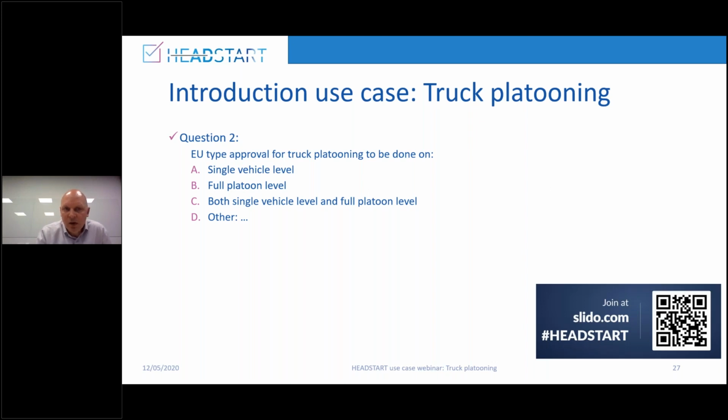Do you believe type approval, specific for truck platooning, should be done on a single vehicle level, so look at the individual truck and type approve that one? Or should it be done on a full platoon level? Or both on a single vehicle and a full platoon level? Or if you have another opinion, please feel free to provide the specifics of that.